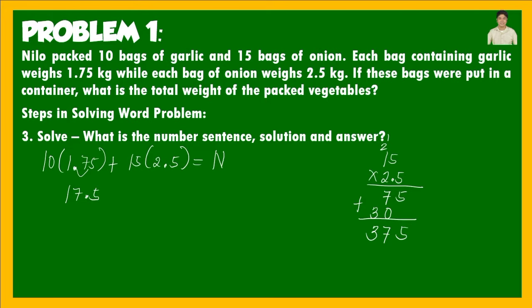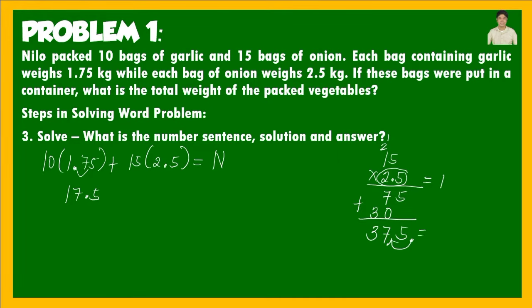So, for the final step, bilangin natin yung decimal places dito sa ating mga factors. So, ito lang pong 2.5 ang merong decimal point, which is 1. Therefore, mag-move tayo ng 1 decimal place to the left. So, magsimula tayo dito. And then, move.